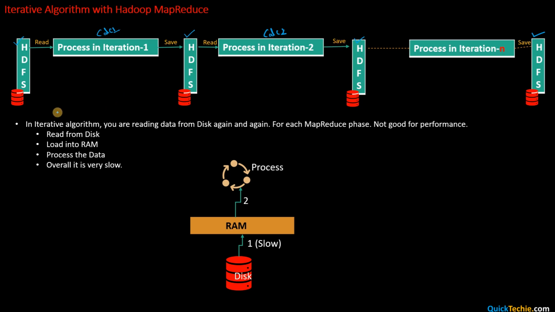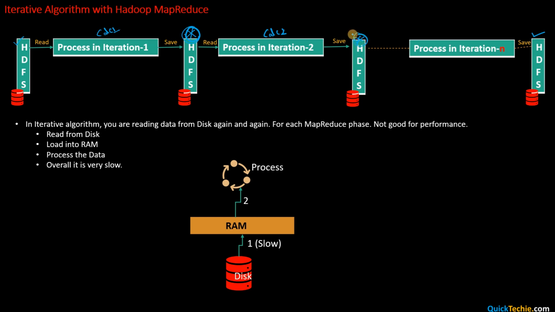So what is the problem here? That is the main problem with the Hadoop framework or MapReduce. You read data the first time from disk, do calculation, save back to disk and then read again. Why do you always save to disk and then read again to do this calculation?